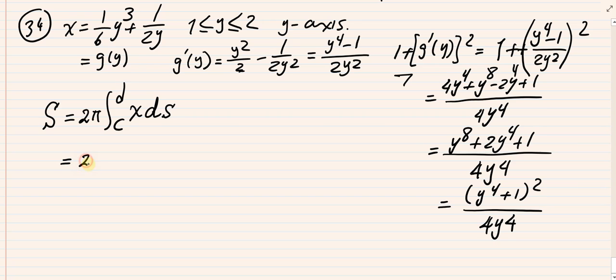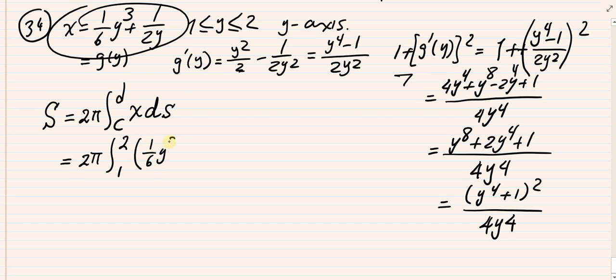So this is going to be 2 pi. Limits go from 1 to 2 of x. And this is what x is. It's 1/6 y cubed plus 1 over 2y, right? That's what x is.